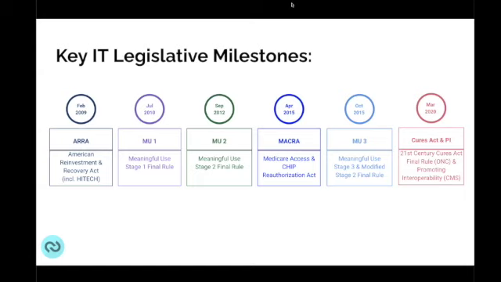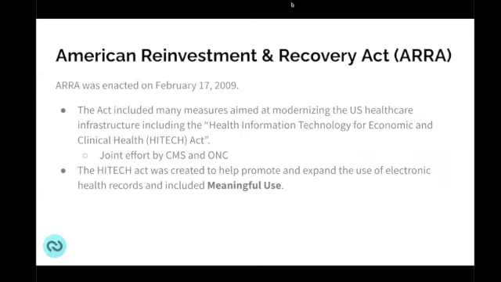Starting in February 2009 with the American Recovery and Reinvestment Act, which is ARRA, we lead ourselves through meaningful use, stage 1, 2, and 3, MACRA, which is the Medicare Access and CHIP Reauthorization Act, and finally to March of 2020, which is when the final rule for the Cures Act and promoting interoperability came out. I'm going to walk through each of these in a little bit more detail to give you an idea of how they relate to IT.